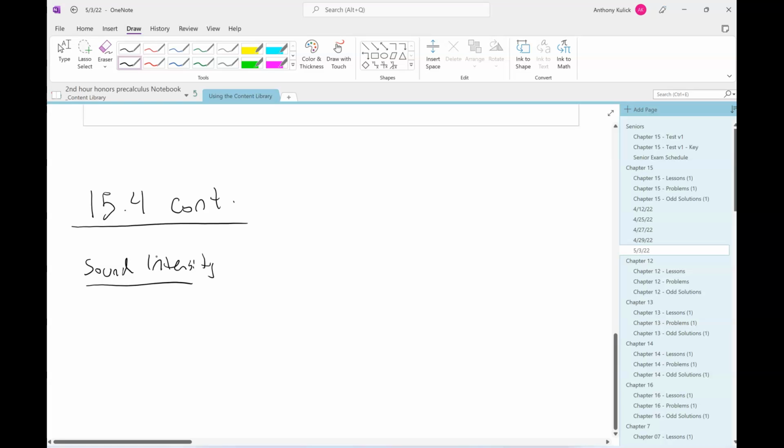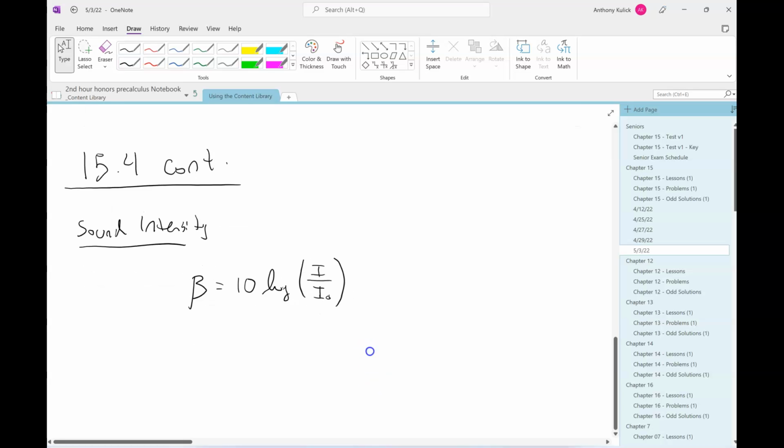system that can be described using either an exponential or logarithmic equation is the sound intensity. So the sound intensity, anybody know what sound intensity is measured in?